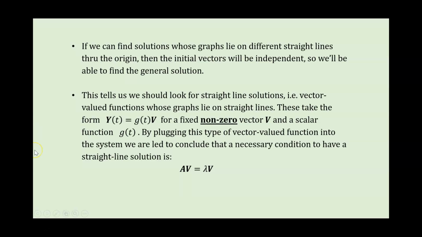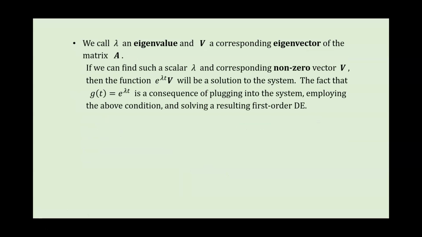We did this in the previous recording, and what we found was the first necessary condition was we would have to find a number lambda such that A times v, Av, is equal to lambda times v, and lambda is called the eigenvalue and v is a corresponding eigenvector.